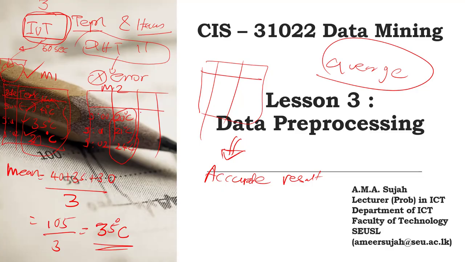Just think about it, because of some error values, if you are getting the mean value here as 20 plus 21 plus 24, that is 65. 65 divided by 3 is 21.99 or something, right?